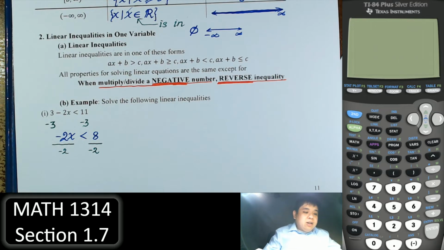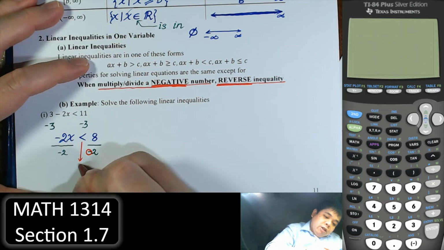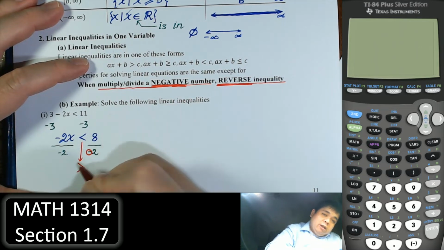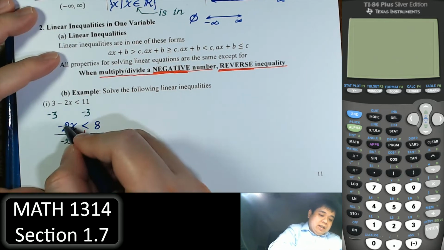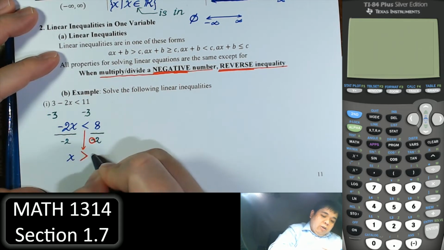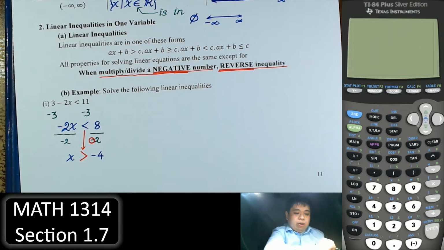And note that since we divide by a negative number, we have to reverse the inequality. So from less than to greater than, and this gives us x greater than 8 divided by negative 2, which is negative 4. So x is greater than negative 4.